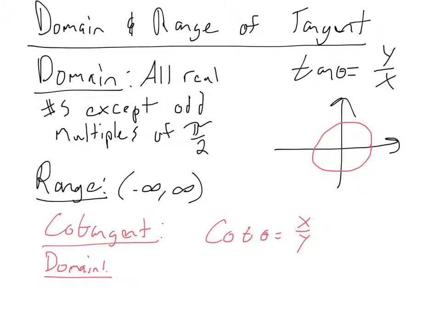So just multiples of pi, right? 0 pi, 1 pi, 2 pi, 3 pi. So all real numbers except multiples of pi.